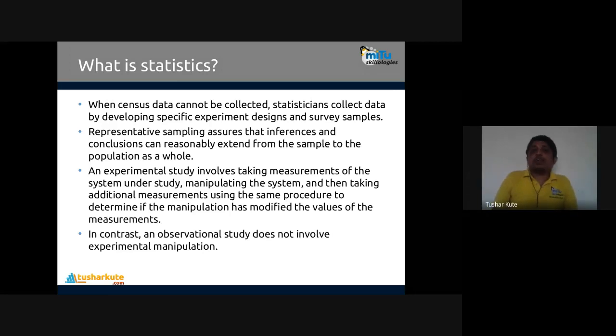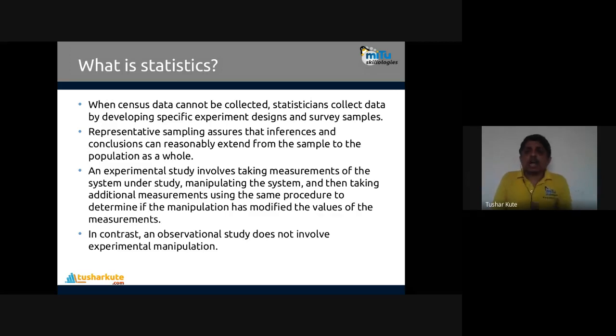Now see, when it is not possible to perform actual operations, the statistician collects data by developing specific experiment designs and survey samples. You can see exit polls, how they are collecting exit polls. The person who collected the exit poll has not visited your home. He has not asked you to whom you have given a vote.